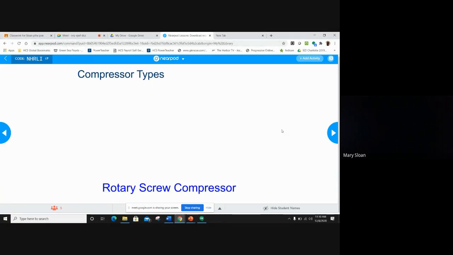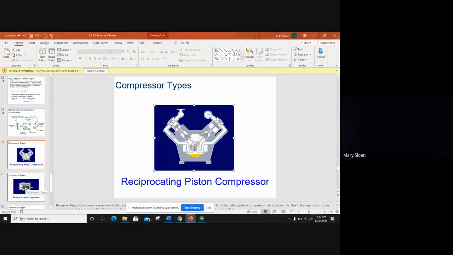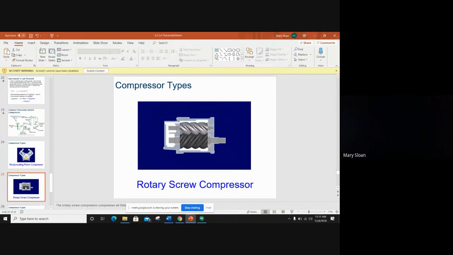The next slide. Everybody on the next slide? Go to the next slide, Eric. Okay. Here is your rotary screw compressor. Give me a second. I'm fixing it.